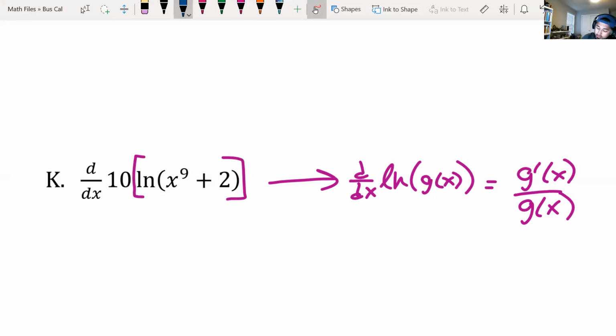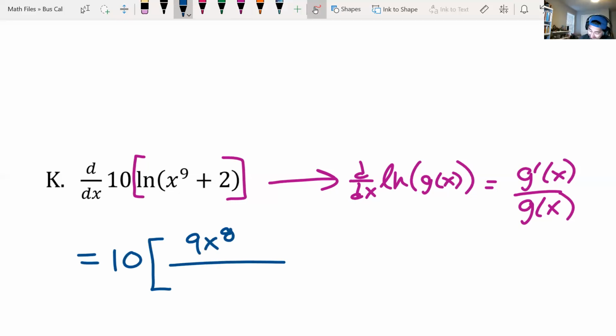So that 10 will be waiting outside. So 10 times, and what is the derivative of the inside? 9x to the 8th power. And you put it over the same exact inside. There you go.